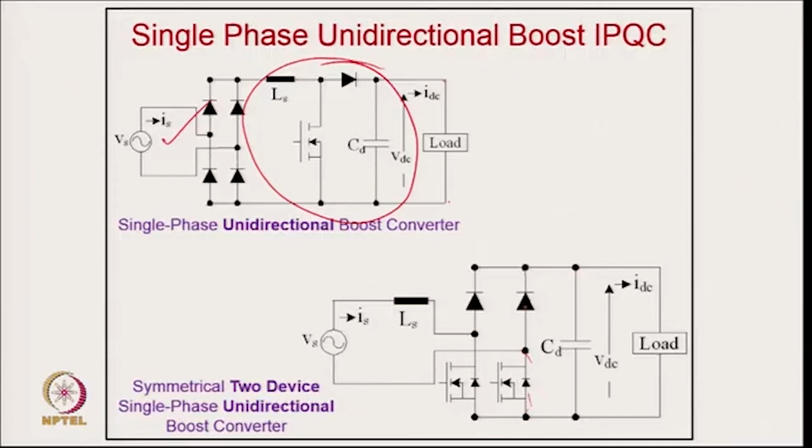In the negative half cycle, this one operates, shorting your inductor, and once you open it, the power flow current is through this. So, we can say you are using 2 boost converters, one here and one here, so the diode rectifier is virtually eliminated here, up to some extent.